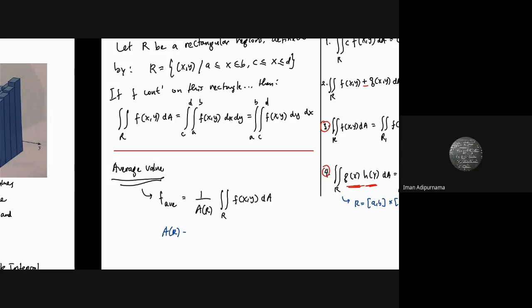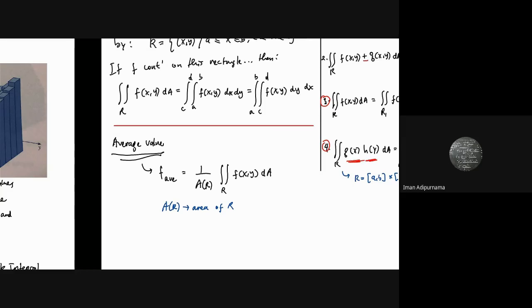This A is the area of R. And we can also write this if the functions are positive.